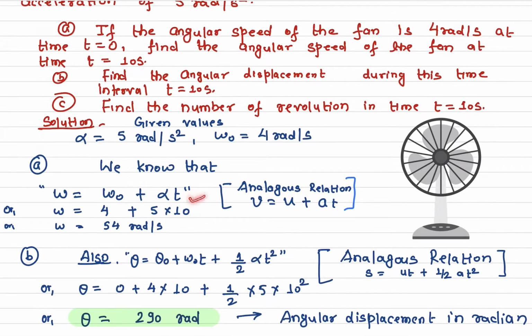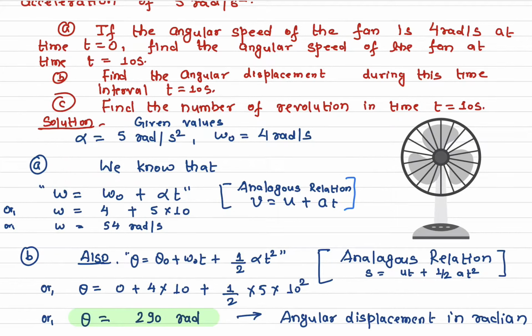And this relation is exactly identical to the relation v equals u plus at, which you might have studied in linear dynamics or one-dimensional motion. So if you remember this relation, you can write down the identical relation in rotational dynamics.